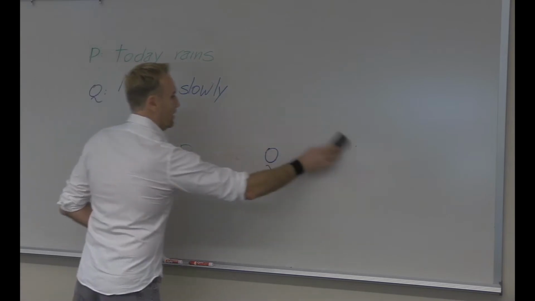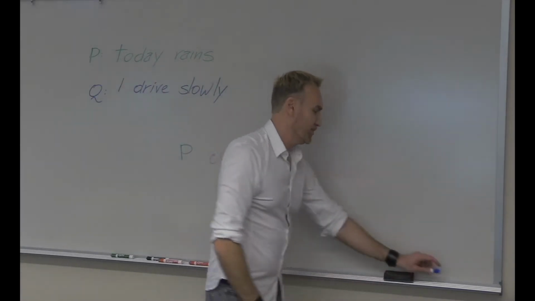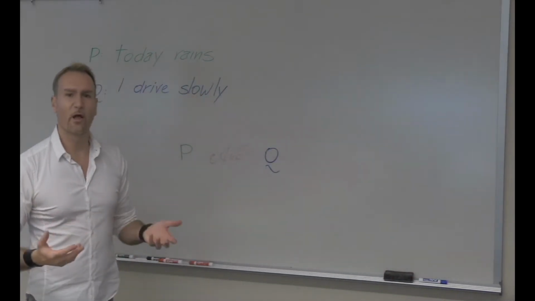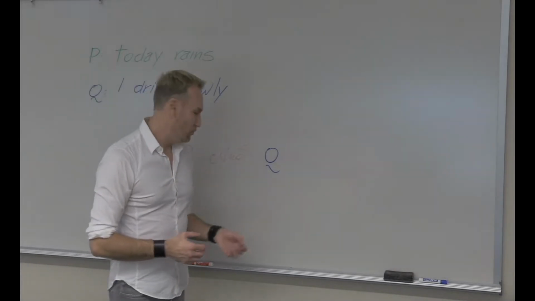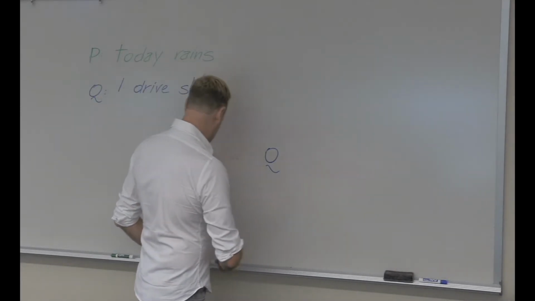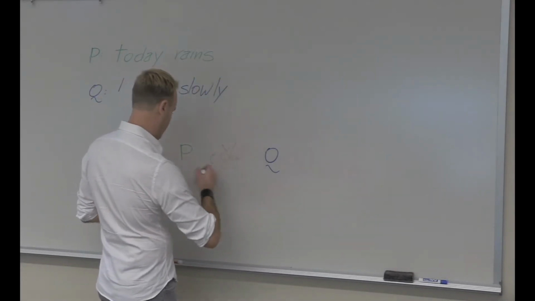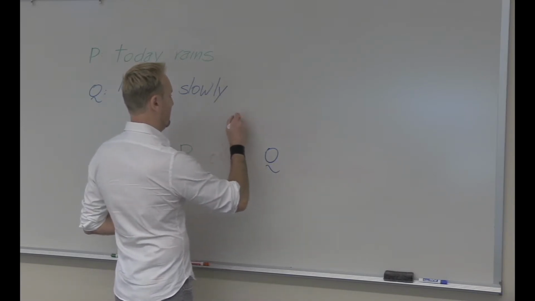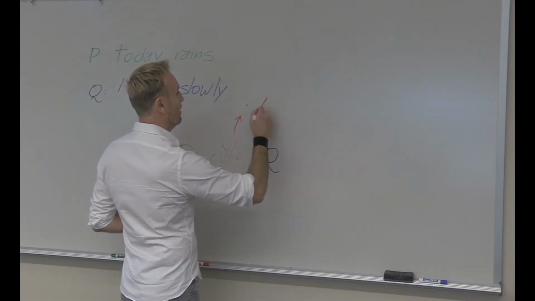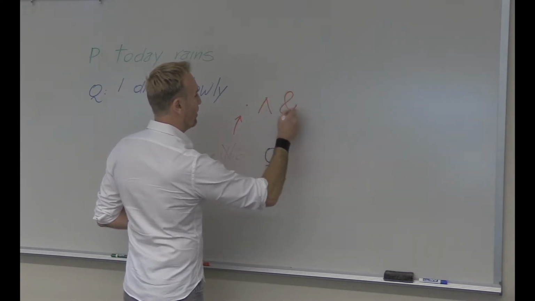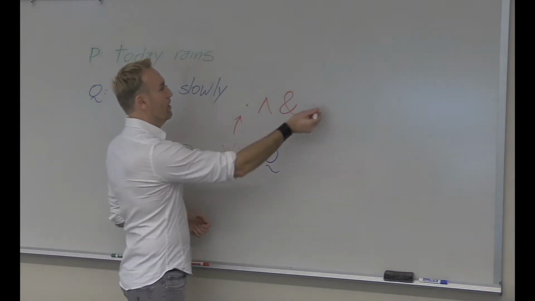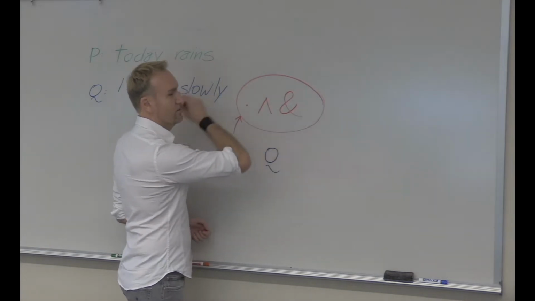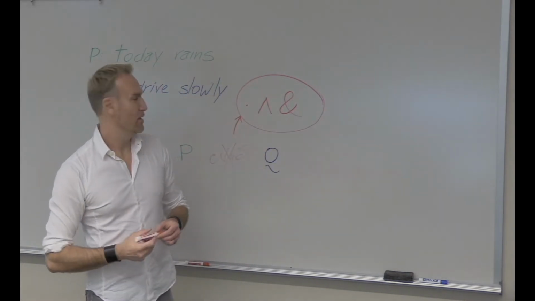Now, is and sufficient? Well, in general, in logic, we will not spell it out. We will use symbols such as this one, or this one. So all these three mean and.